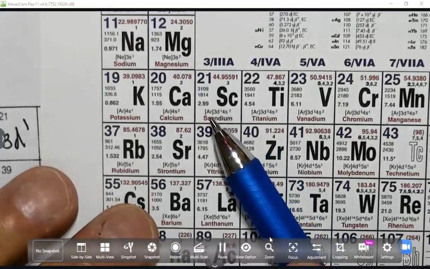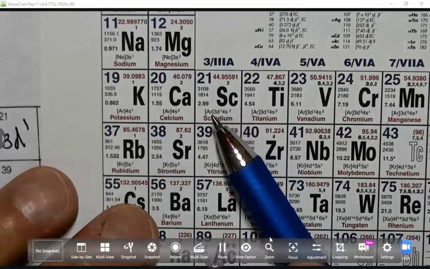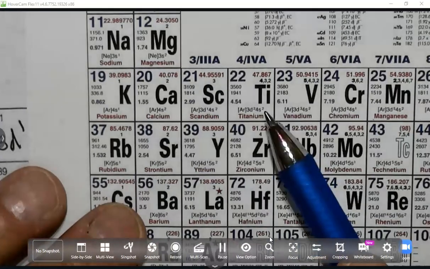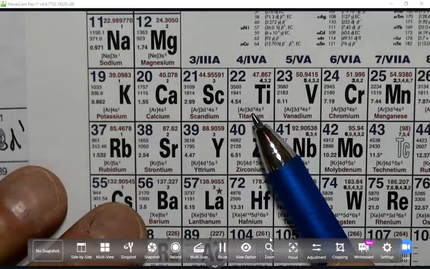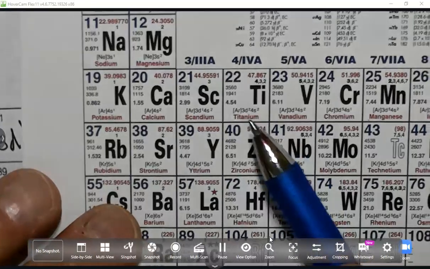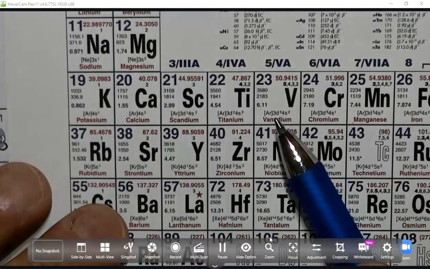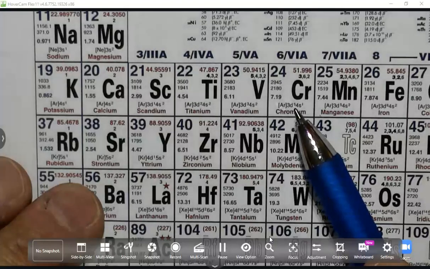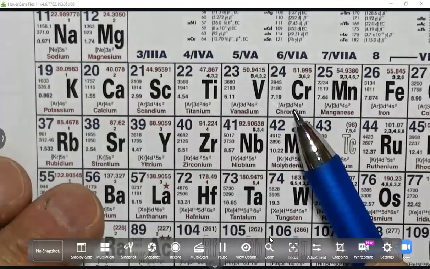So our electron configuration notation is on this table as 4s2 3d1, 4s2 3d2. That's all working good so far. This is what we would expect. 4s2 3d3, but look at chromium. 4s1 3d5 instead of 4s2 3d4.